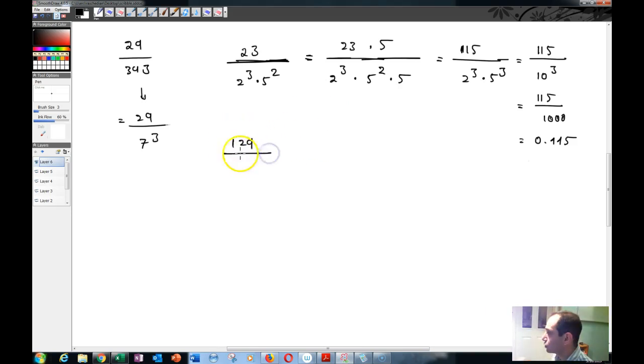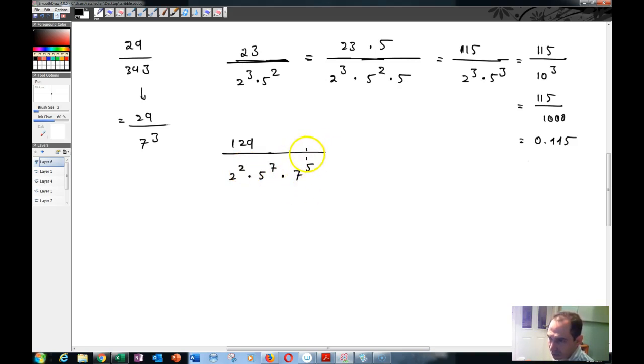Or for example, let's say you have 129 over 2 squared times 5 raised to the power 7 times 7 raised to the power 5. Okay, so you have no problem with these two factors. These are 2's and 5's. You can mix and match and make 10's out of these.